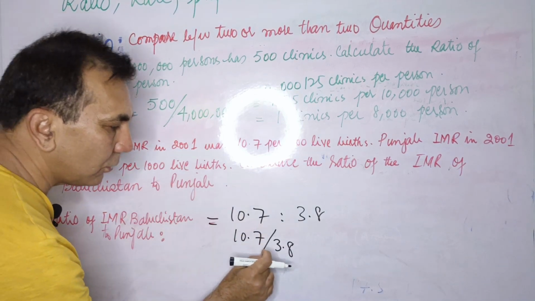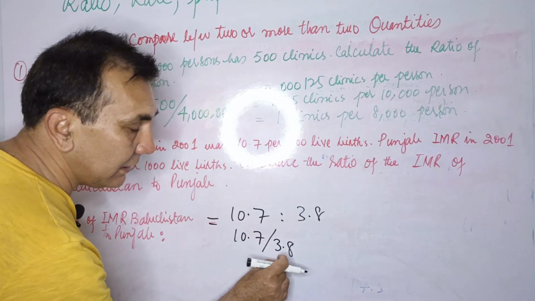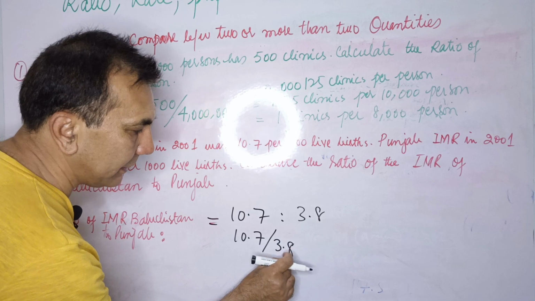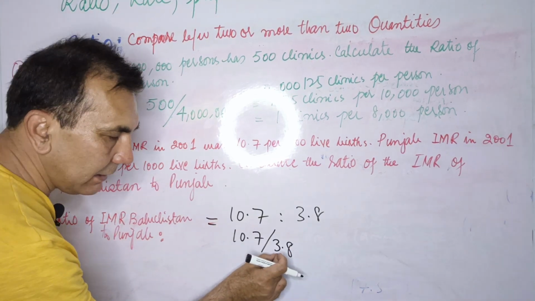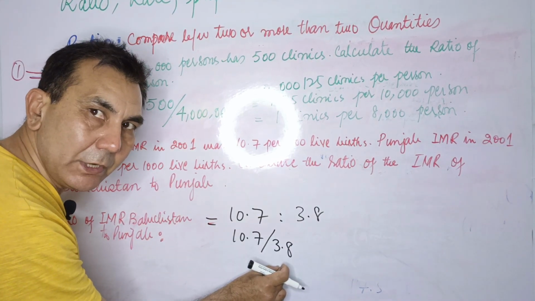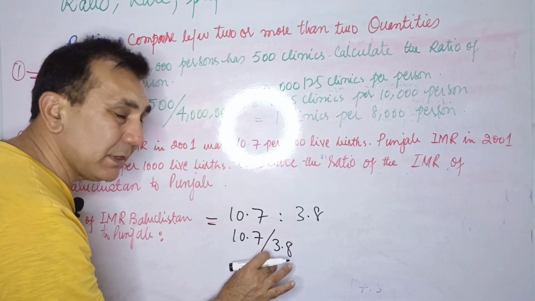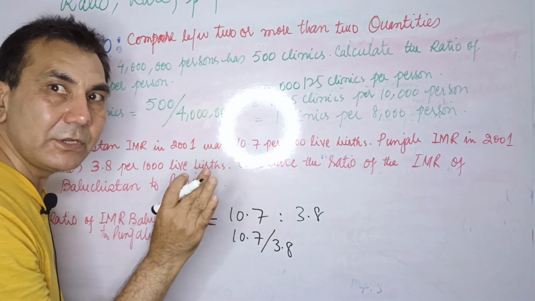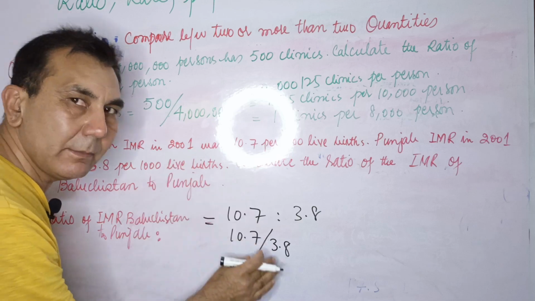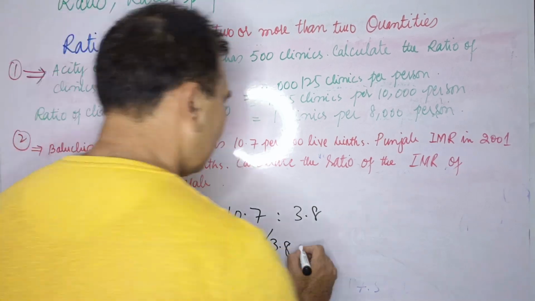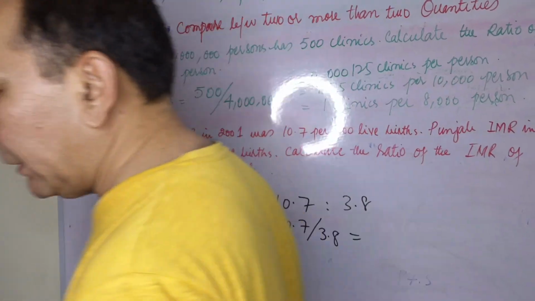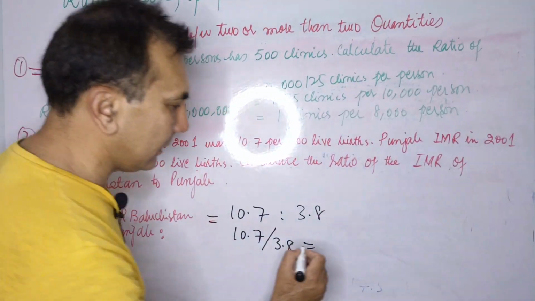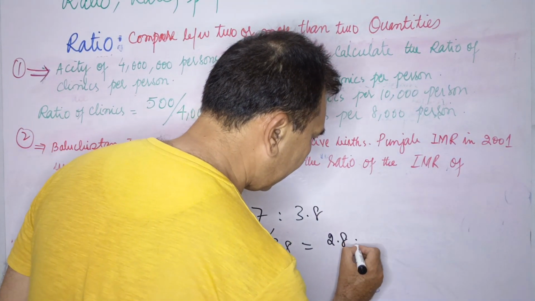We divide this 10.7 by the infant mortality rate of Punjab, 3.8, which is the denominator, also called the divisor or the consequent. When we divide it, it comes to 2.821.